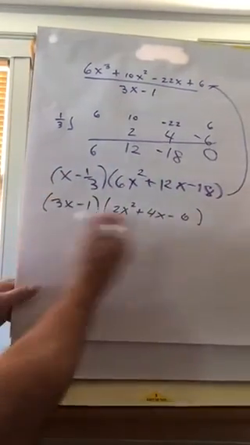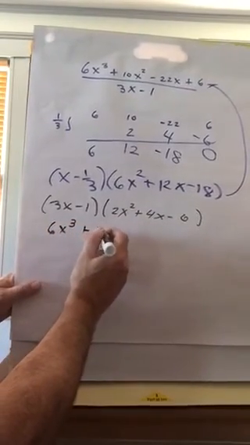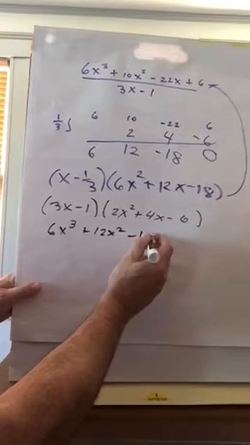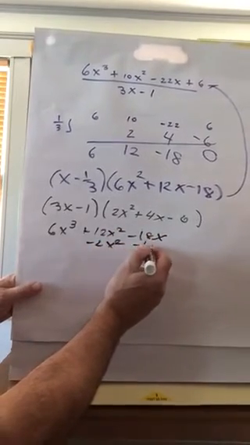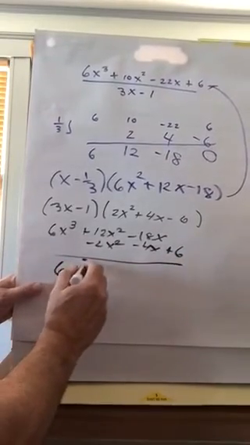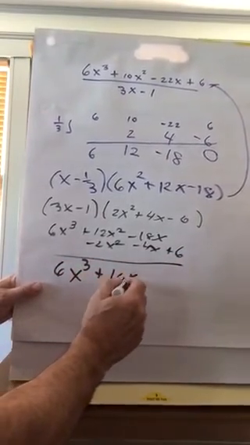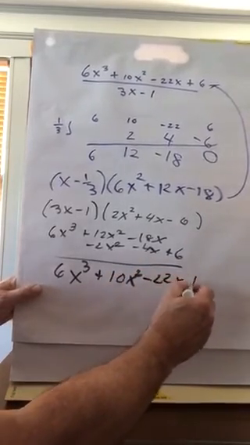And now if I multiply this out: 6x cubed plus 12x squared minus 18x minus 2x squared minus 4x plus 6. 6x cubed plus 10x squared minus 22x plus 6.